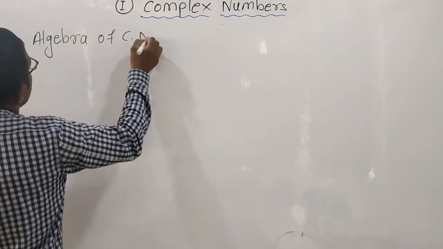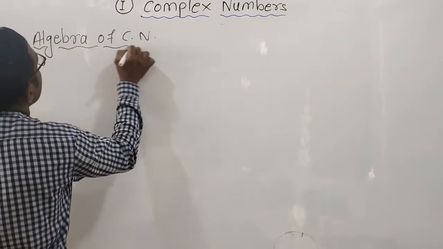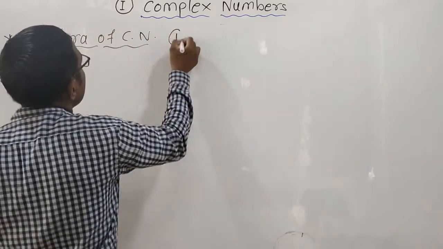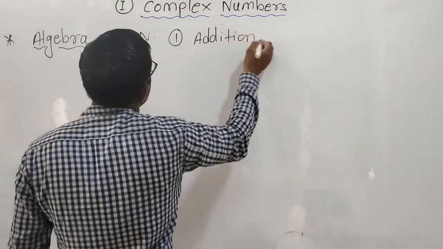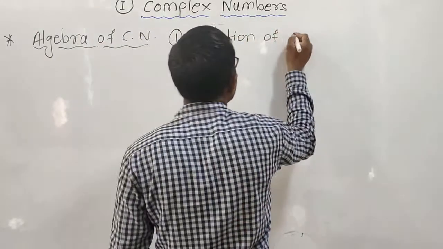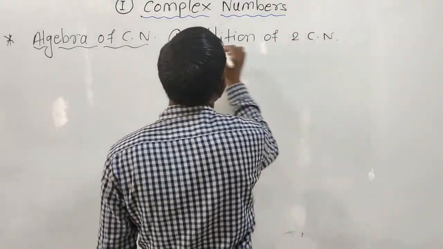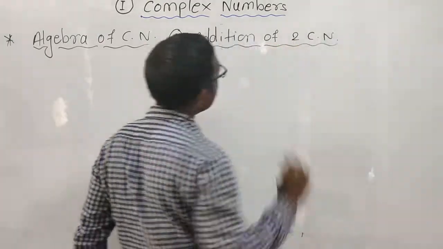Algebra of complex numbers. In that, first one is addition of two complex numbers.